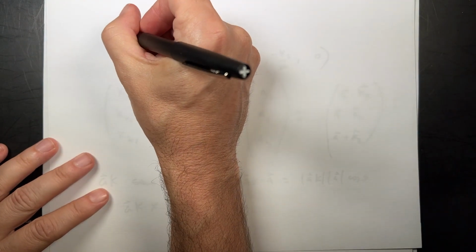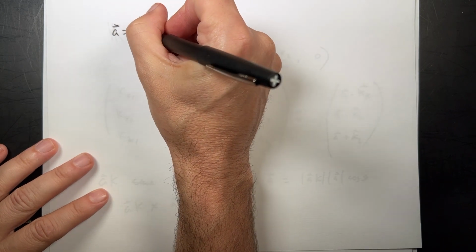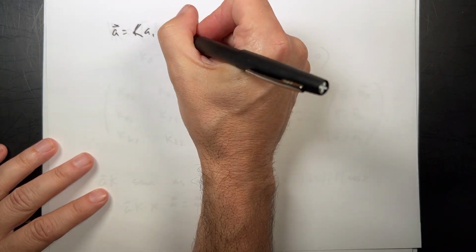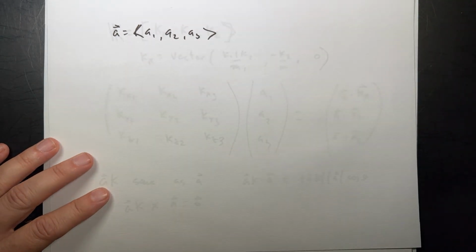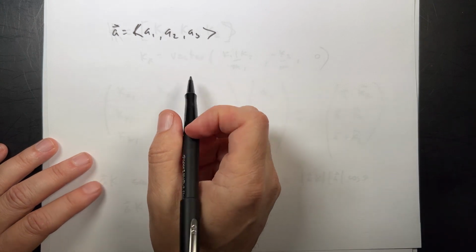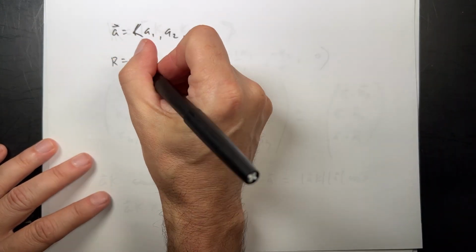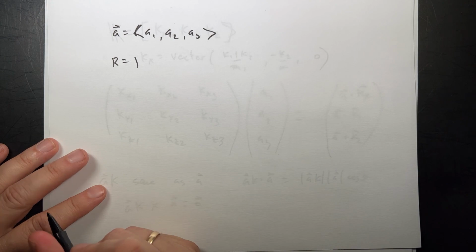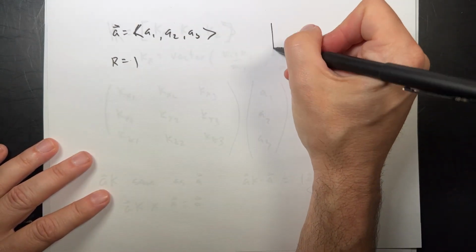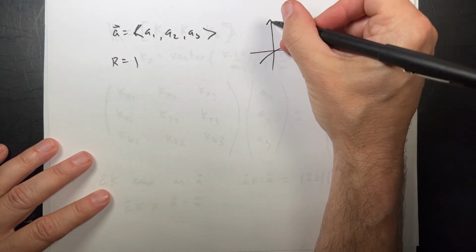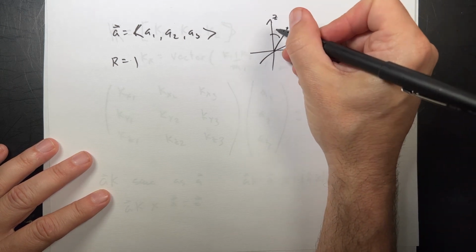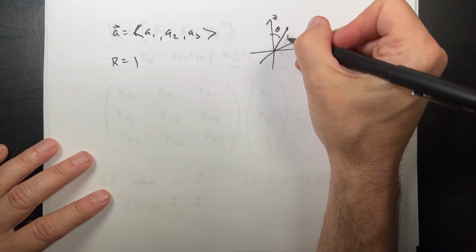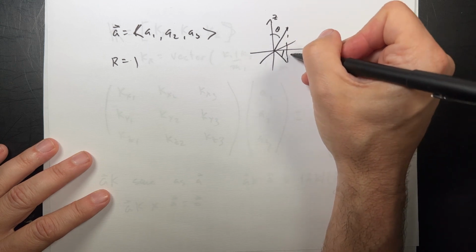So what if I say the vector A is A1, A2, A3, and I use spherical coordinates to find A1, A2, and A3. Let's say R is 1, the radius of this vector is 1, and I use my normal spherical coordinates, where this is the z-axis, this is my R, and that's theta, project this down, and that would be phi.